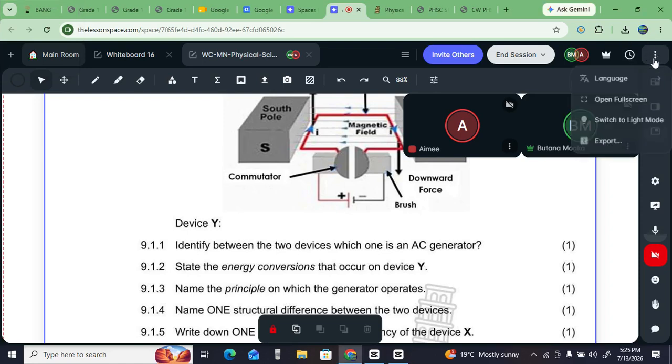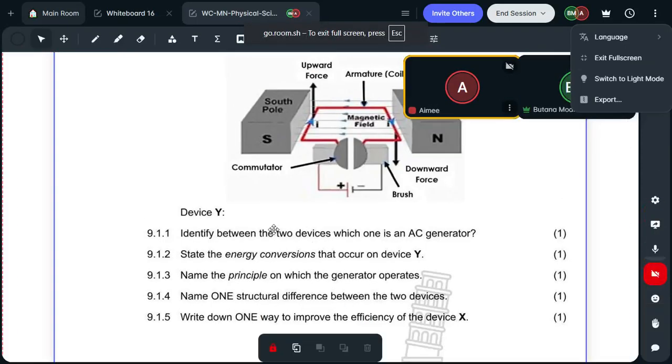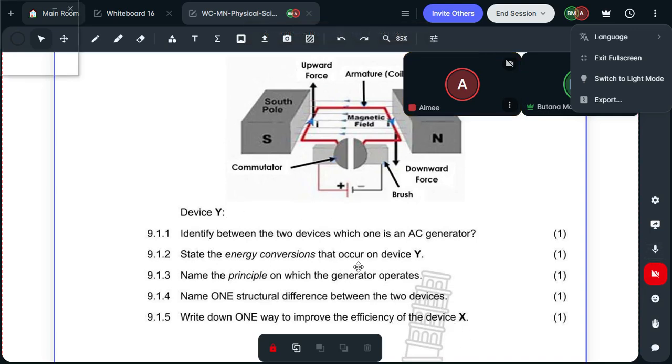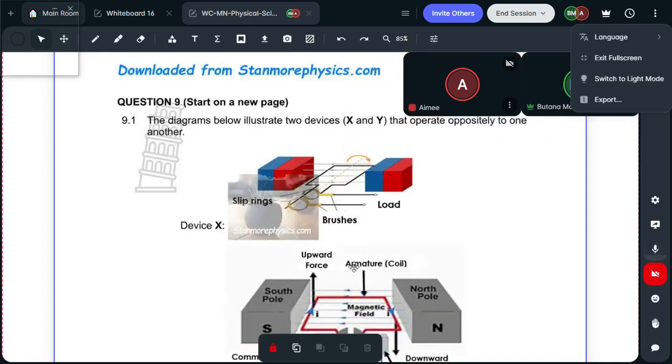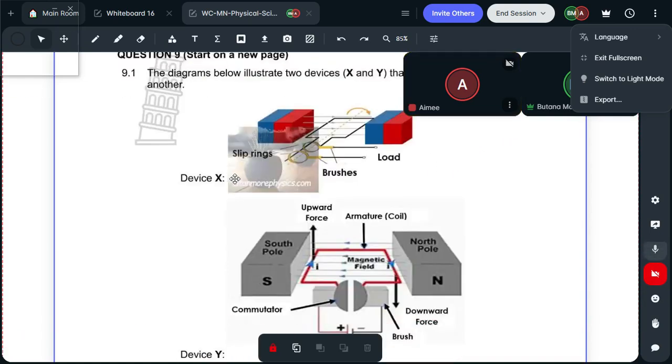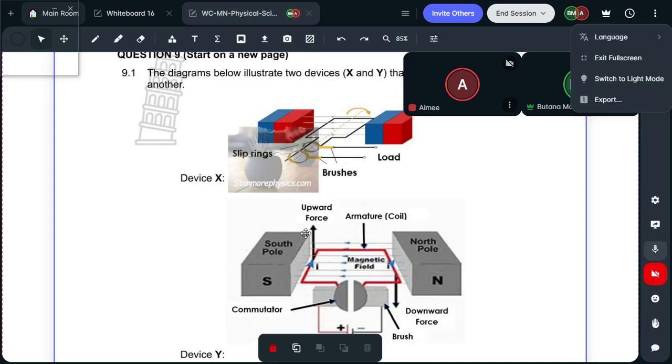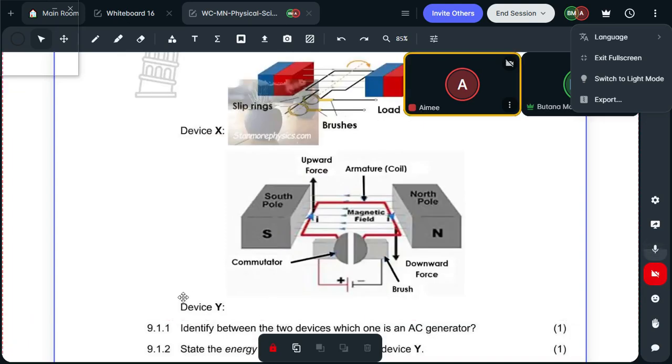This is about the time you see why I said that this is all about you understanding the theory. Okay, let's look at this. This is question 9. The diagram illustrates two devices X and Y that operate oppositely to one another. This is device X, and this is device Y. Now we're just gonna try and answer the following questions.